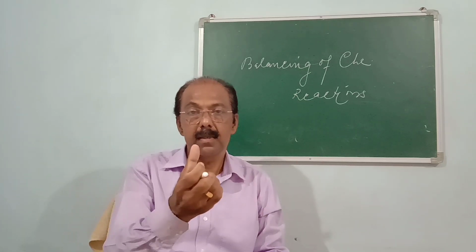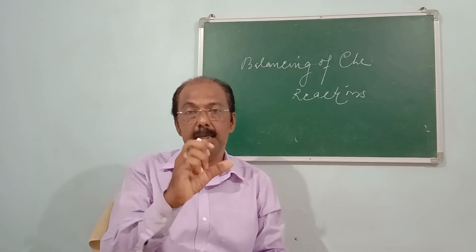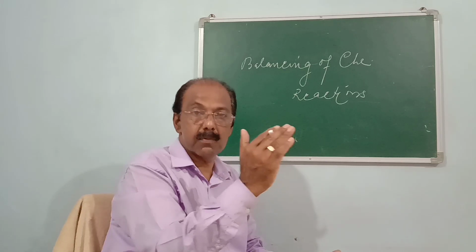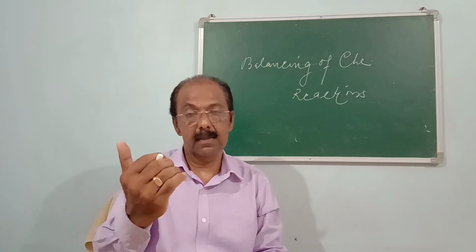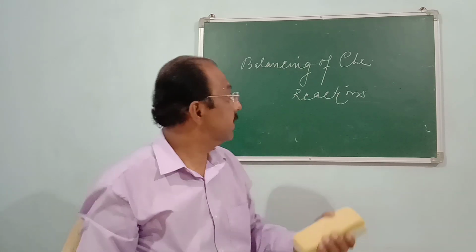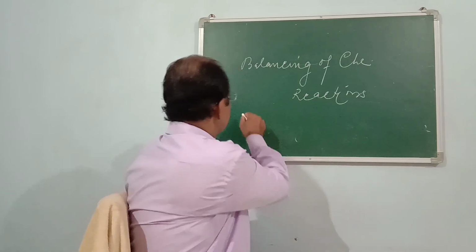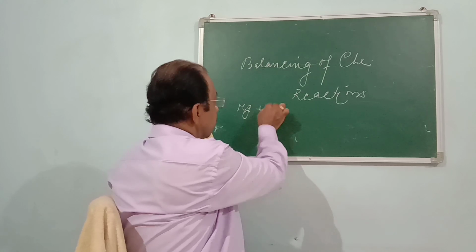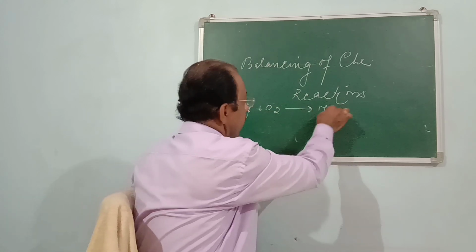Then only a chemical reaction is balanced. So here there is mass balancing as well as number balancing. So we take the example of the formation of magnesium oxide. Magnesium reacts with oxygen to form magnesium oxide.